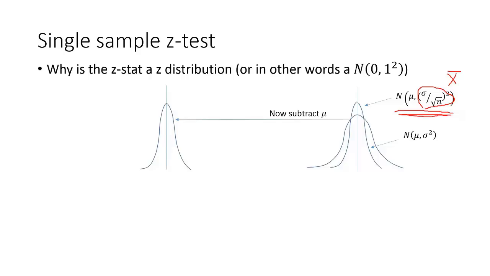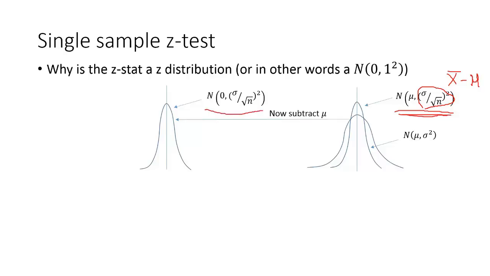In either case, it has the effect of just shifting the distribution, centering it at another location, and that's what happens when you take mu out of x bar. So this is what I've done: I've taken mu out of x bar. It moves this distribution to another location, which is now centered around the mean equal to 0.